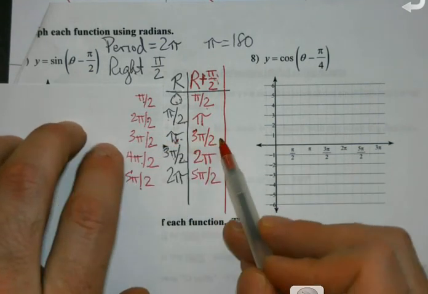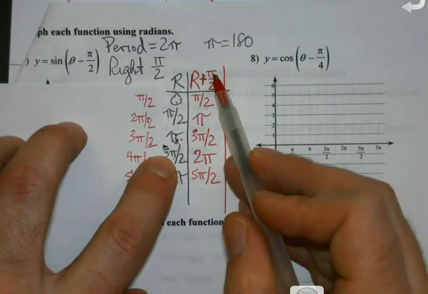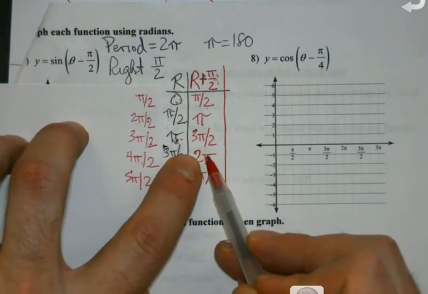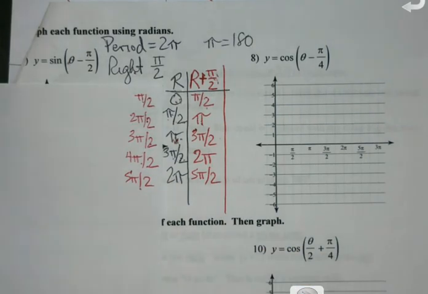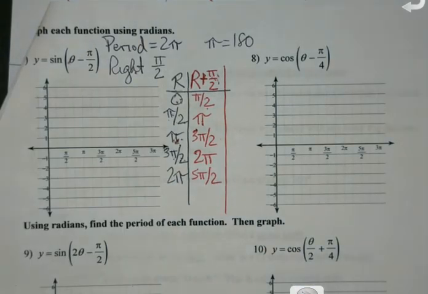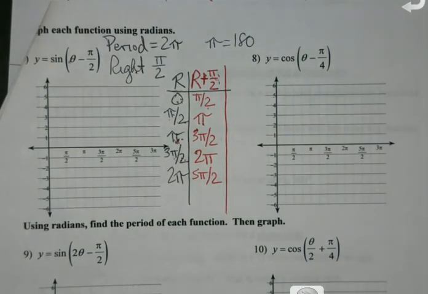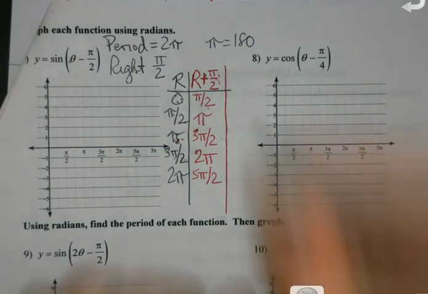But if I got $1.50 and I had 50 cents, I got $2. $2 plus a half gives me $2.50. Just keep telling yourself the pi gets treated like it's not even there, like it's an x value, and that'll help, because I think that's what's getting most of you on this.